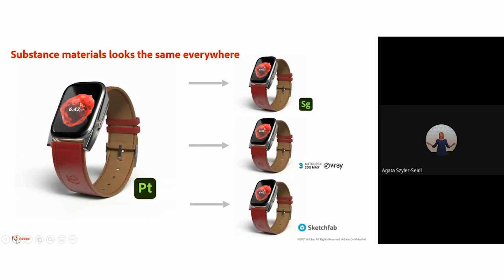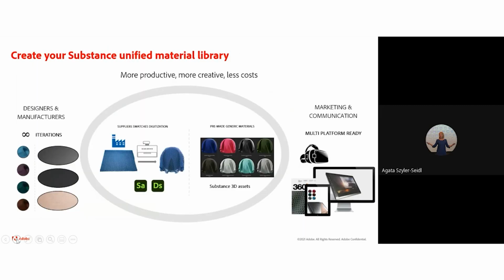You can see in this example that Adobe Materials look the same everywhere. Whichever of the solutions you use, you can leverage the integration here as well. Further, you can also have a unified material library.